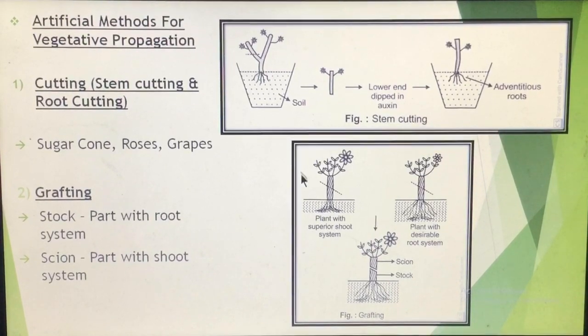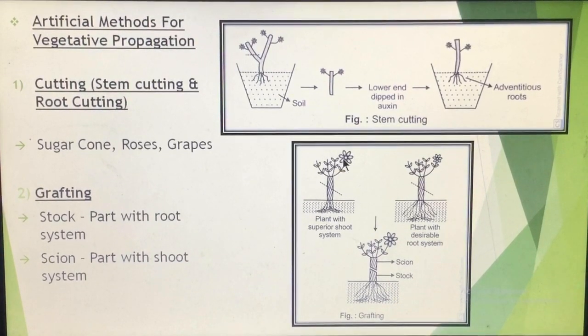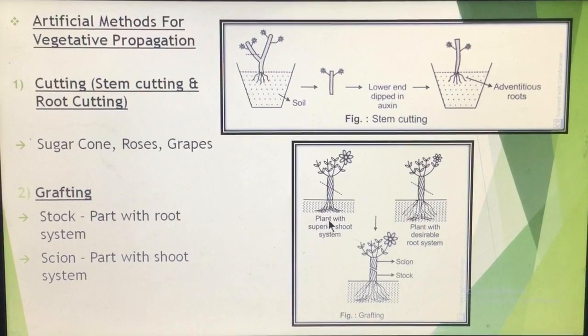This is very superior. The flowers are very good, colorful and big, the fruits are also big, and we want this quality. But at the same time, this plant has roots which are not of superior quality, because these roots cannot absorb water very quickly and they get diseased very fast.